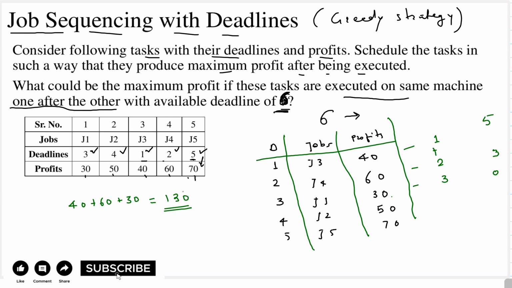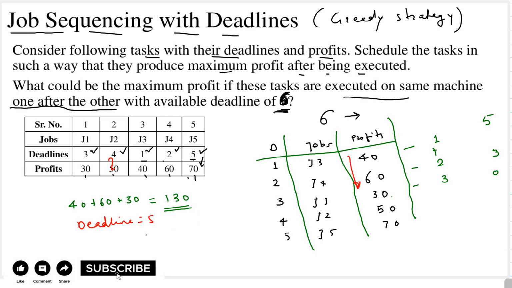Now what if the deadline is 5? In this case, the schedule is the same because we have already arranged the jobs in ascending order.